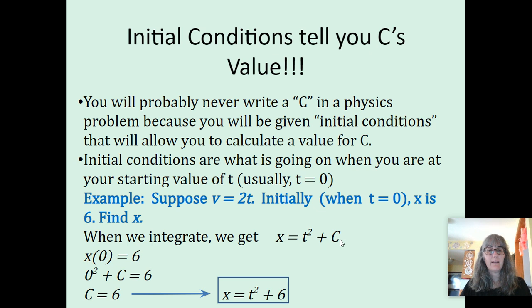That means that C has to be equal to 6, which means that our function is x is equal to t squared plus 6. Sometimes you'll be asked to find that position, but you're going to know what x is at some value, and you can plug in for C. So it'll just be a number. That'll be your initial position.